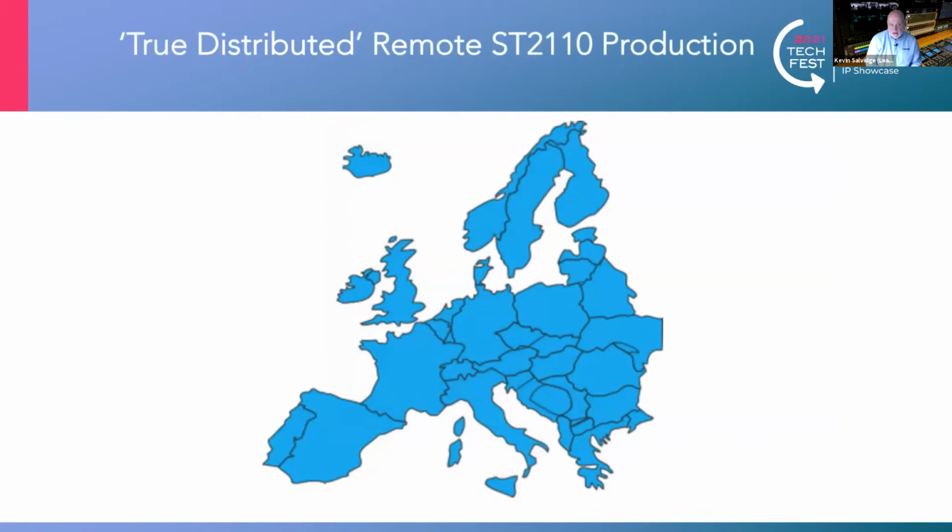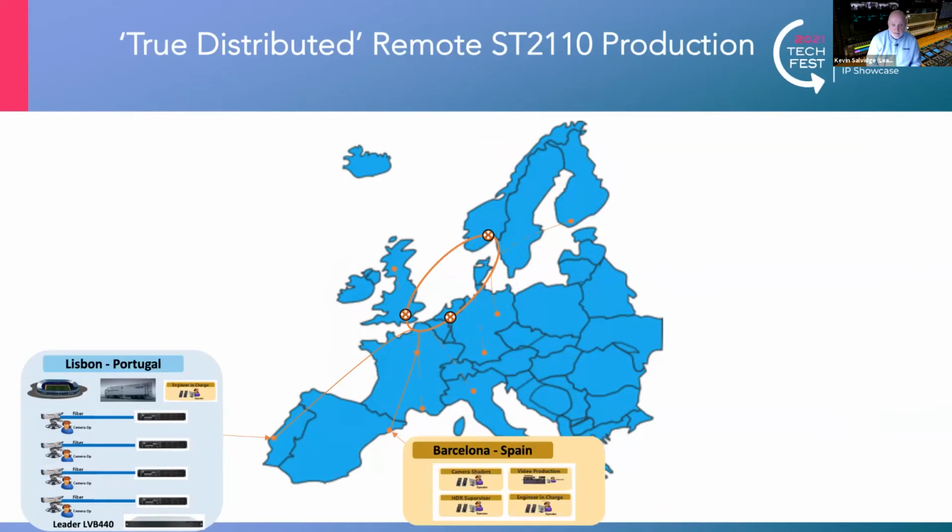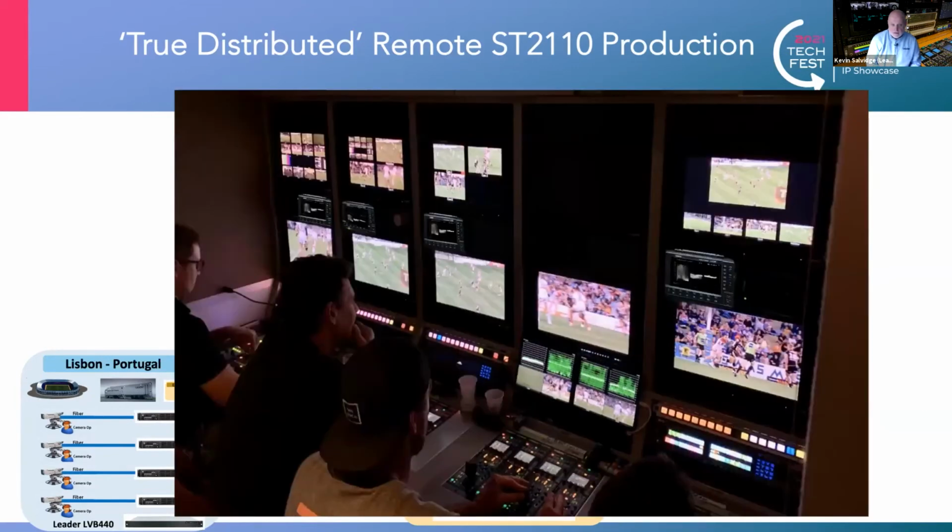So if we put all this together and we look at the network connectivity, which now does exist across Europe, there's nothing to stop us doing the following. Let's take a sports production in Lisbon. Let's put the camera shaders in Barcelona and have them racking the cameras remotely on the other side of the Iberian Peninsula.